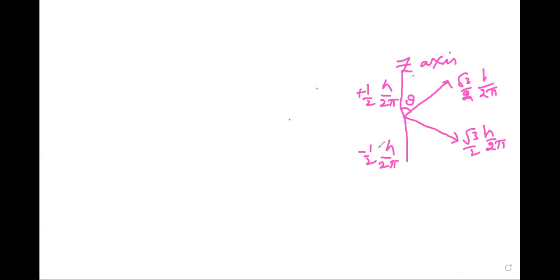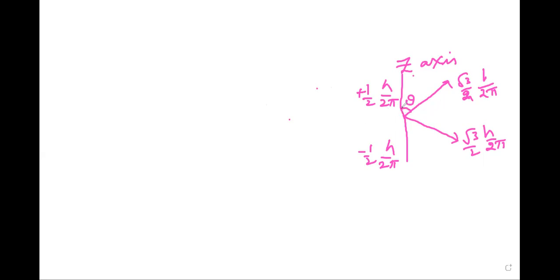So here the z component of the spin angular momentum vector is ms into h by 2 pi, where ms has the value of either plus 1 by 2 or minus 1 by 2. The orientation angle is theta.